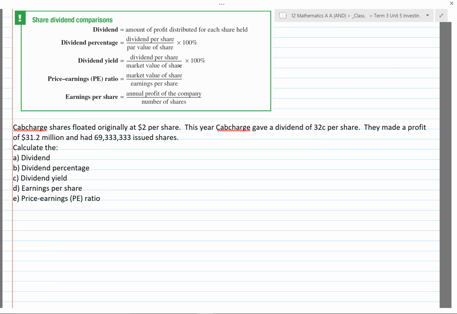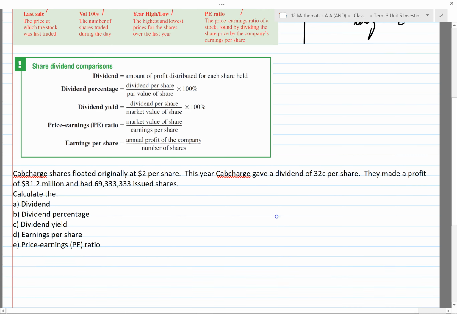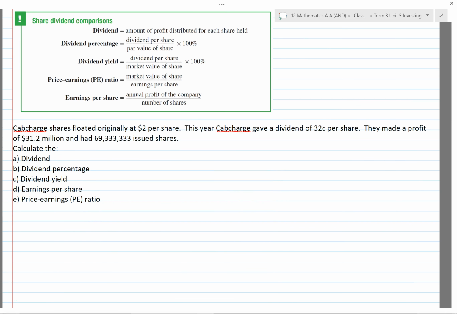The question now is probably, well, how do I know which of these shares to choose? Well, we'll use these things to compare shares: dividend, dividend percentage, dividend yield, price earnings ratio, earnings per share. We'll look at how to calculate these, and it'll probably make a bit more sense.